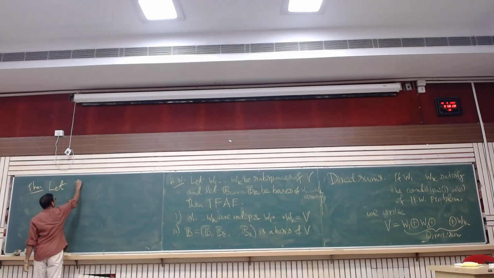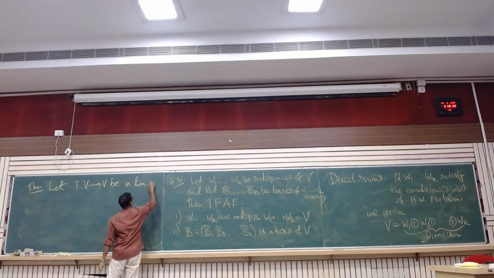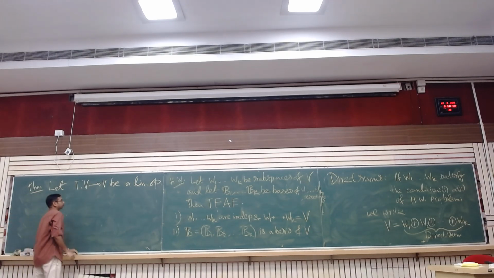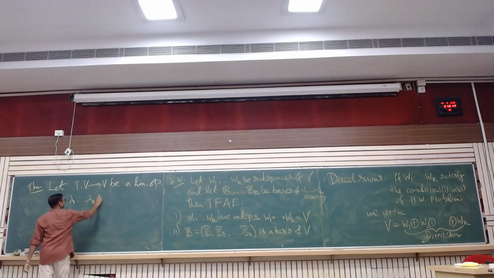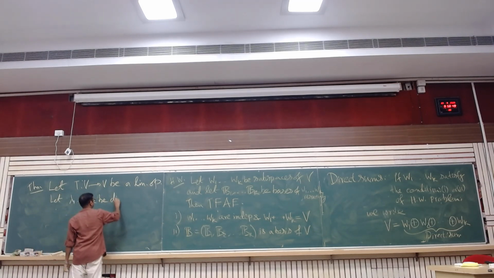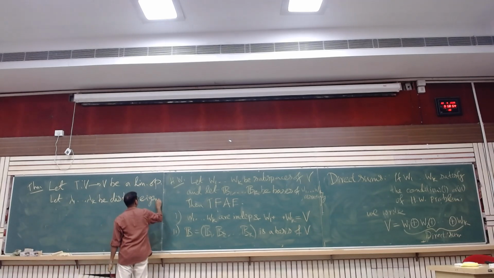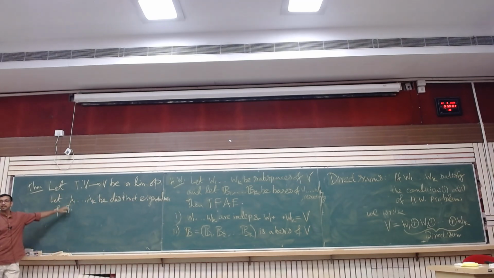Let T from V to V be a linear operator, and let lambda 1 to lambda k be distinct eigenvalues of T. We are not saying that they are all the eigenvalues.